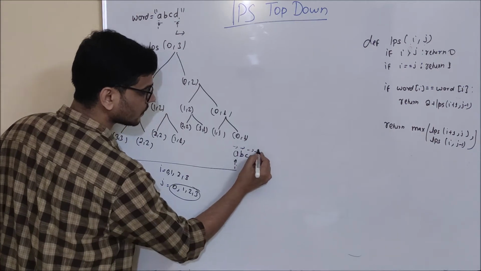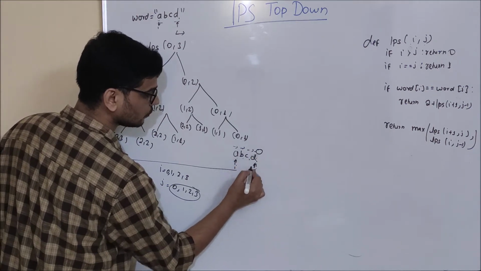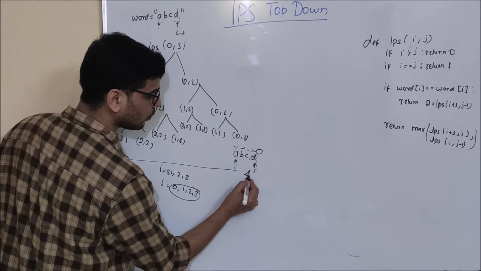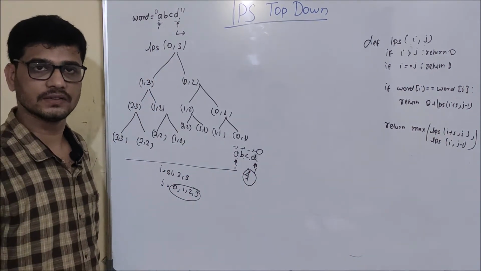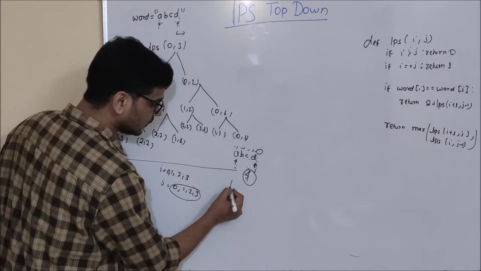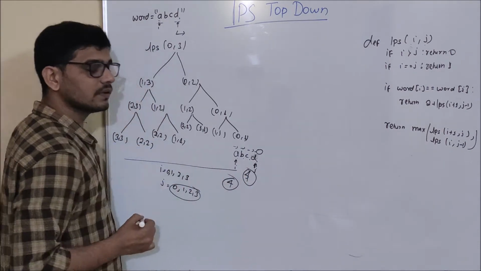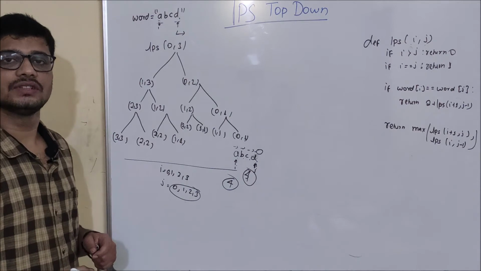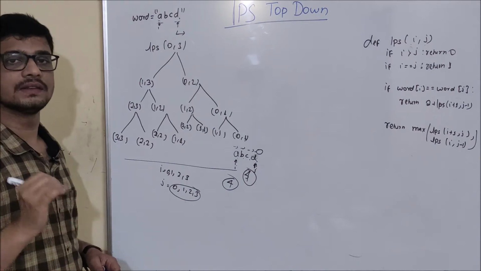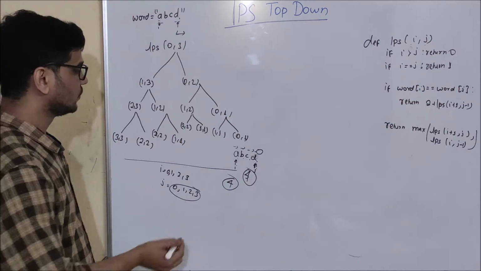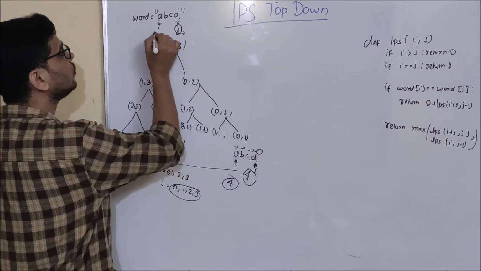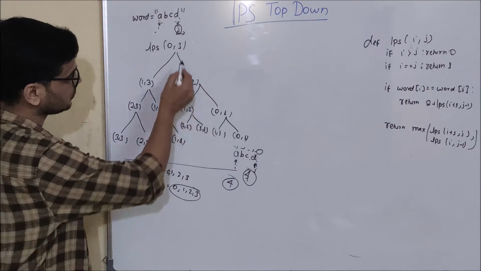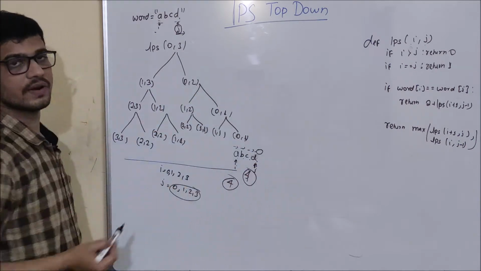So 1, 2, 3, 4. It can go to 4 different indexes, so the different values that I can take is 4, that is the length of the word. Similarly, J can travel from here to here, and you can see this in the right subtree.